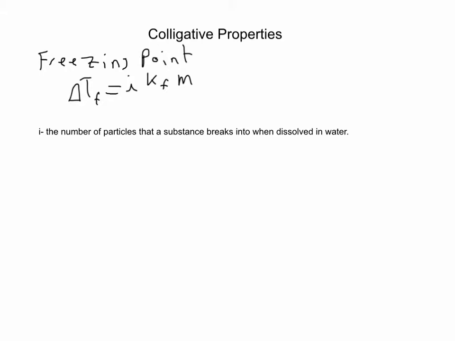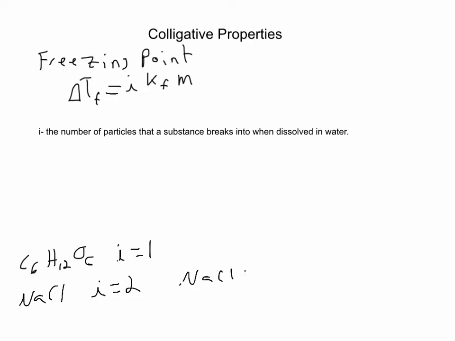For example, if you dissolved glucose in water, i would equal 1, because glucose is a molecular compound, so it's not going to break apart. It stays together as a molecule. But if you were to put sodium chloride in water, i would equal 2, because sodium chloride, when placed in water, splits up into aqueous sodium and aqueous chloride ions.